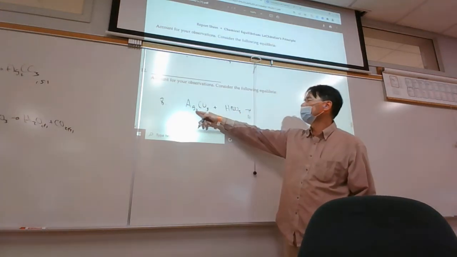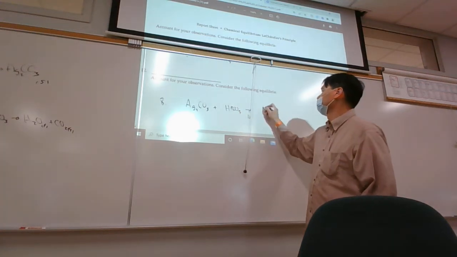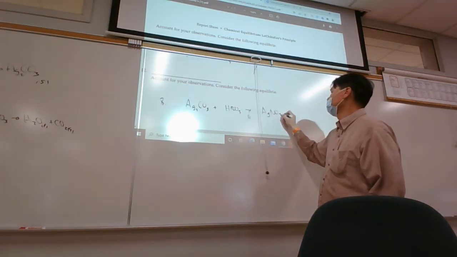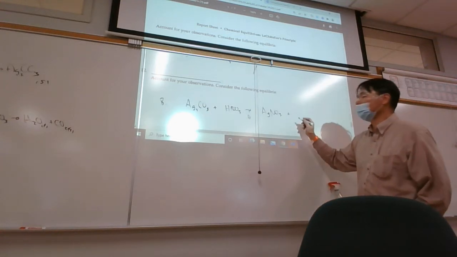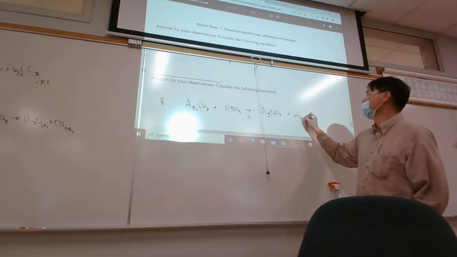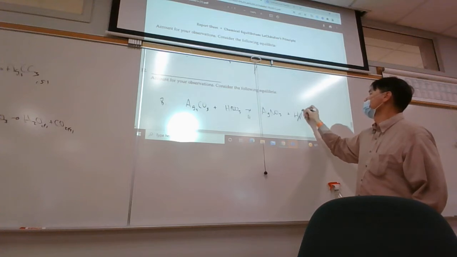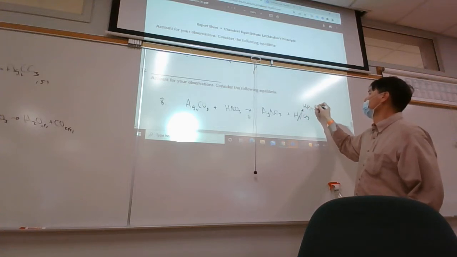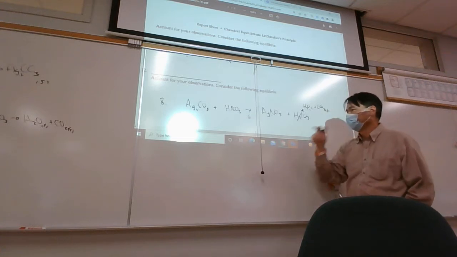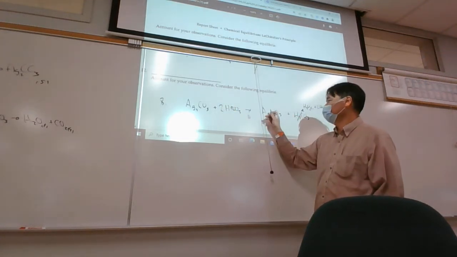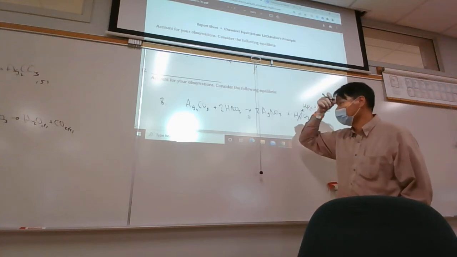We expect to form silver nitrate. Silver nitrate's AgNO3 plus H plus and carbonate. H plus and carbonate makes carbonic acid, H2CO3, which decomposes into H2O liquid plus CO2 gas. Then to balance this, we'll need 2 HNO3s and 2 silver nitrates.